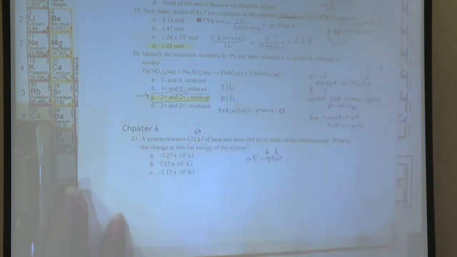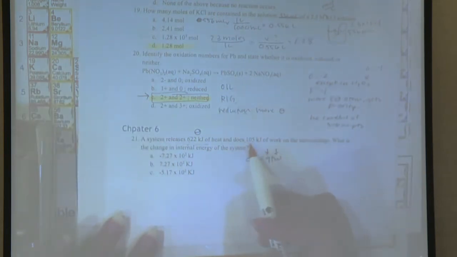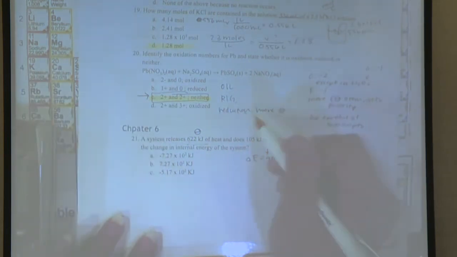That shows you have a negative sign here because the heat is leaving. And then you're doing 105 kilojoules of work. So that's also negative. You're expending energy. So both of these are negative.